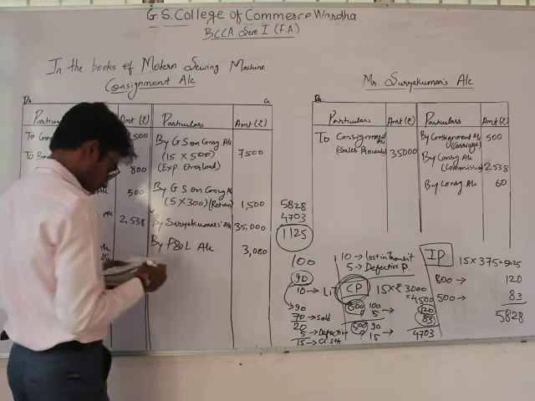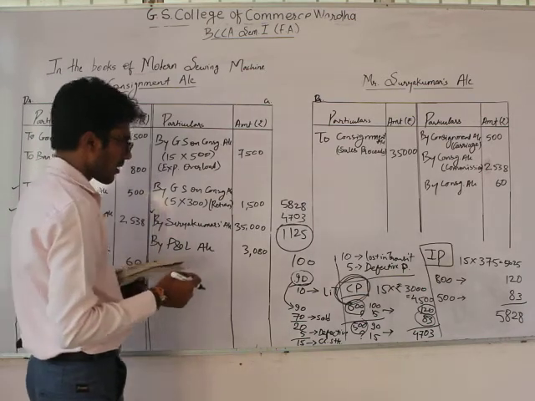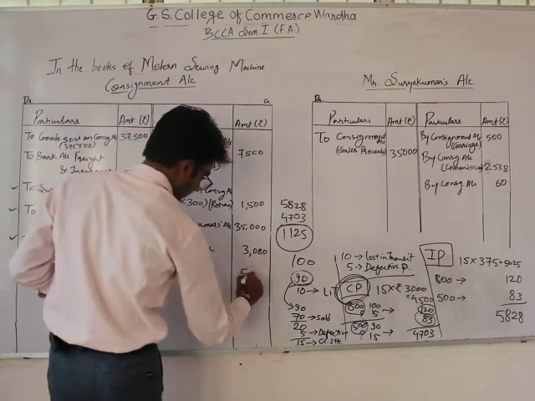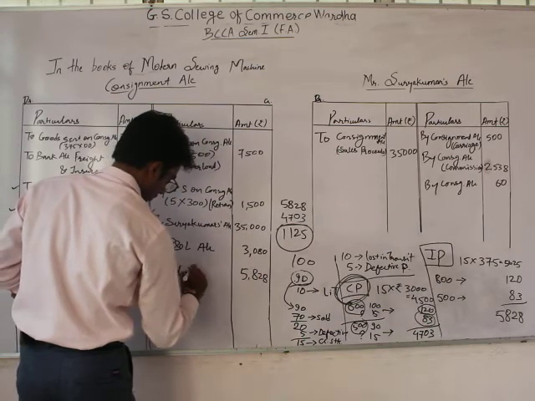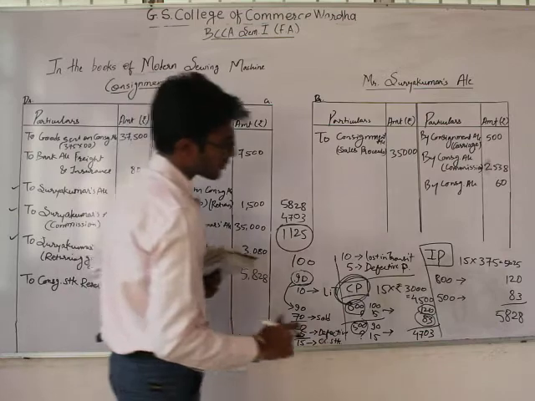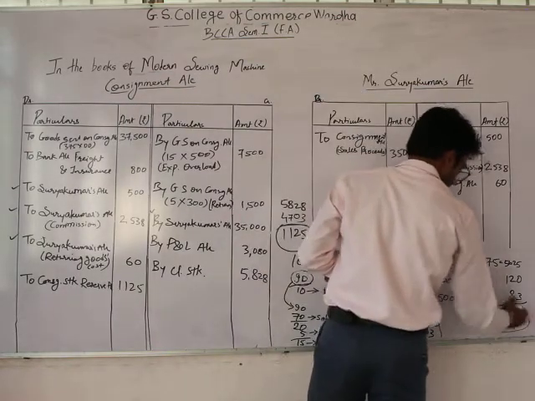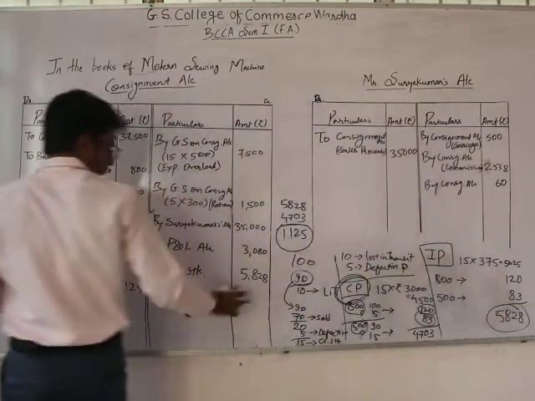So closing stock at invoice price is that amount, 5828.